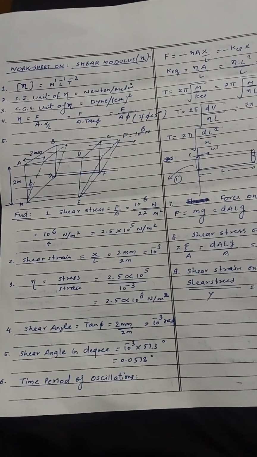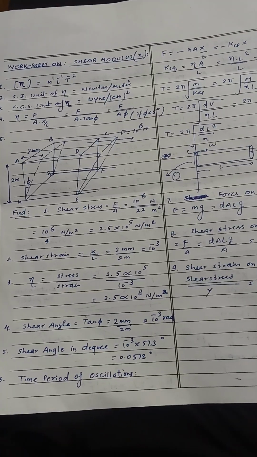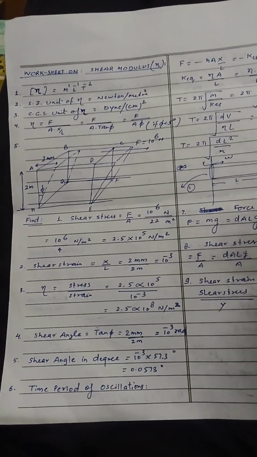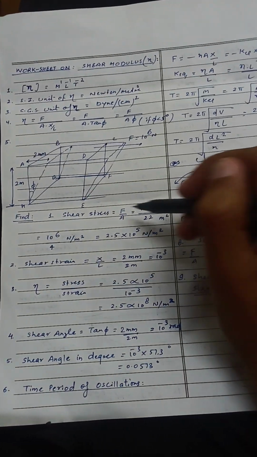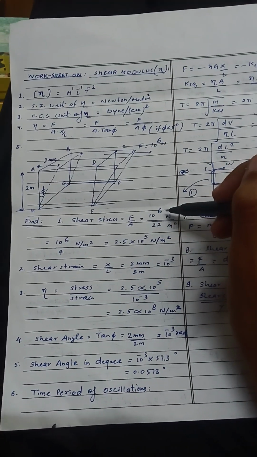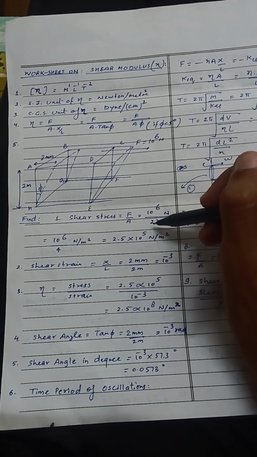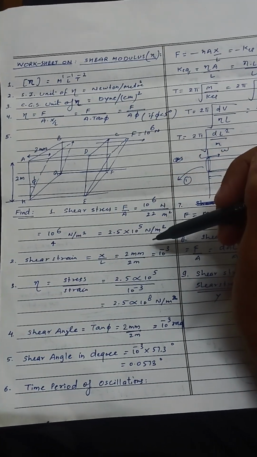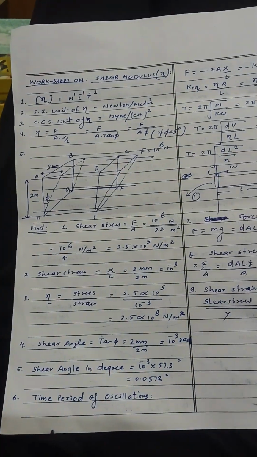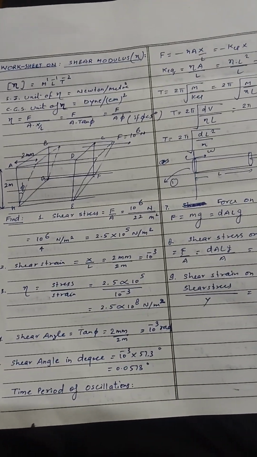Next, a question is given in which a cube has a side of 2 meter, and on applying shear forces on the top surface, we need to find the shear stress, which is force by area. Force is 10^6, area is 2 square. On solving this, we get 2.5 into 10^5 Newton per meter square.